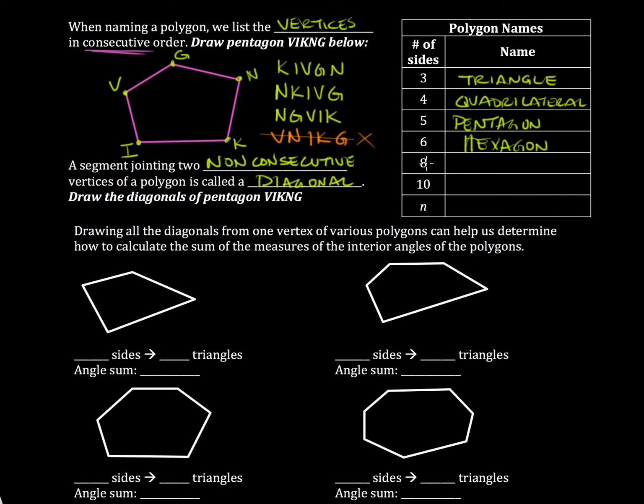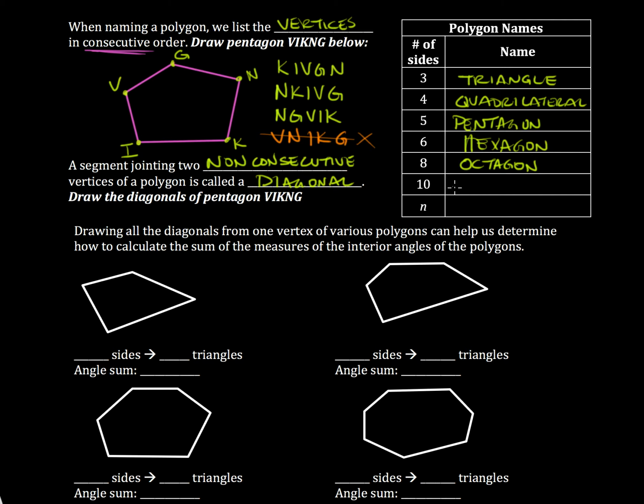Hexagon. We'll skip 7. If you wanted to know, you could call it either a septagon or a heptagon, but we don't use that very often. An 8-sided polygon, you probably are aware of. This is like a stop sign. It's an octagon. That prefix oct usually refers to the number 8. And we'll skip 9. 9 sometimes is called a nonagon.